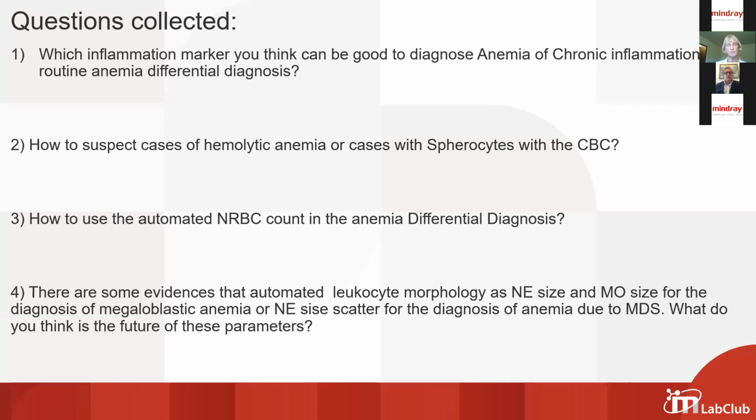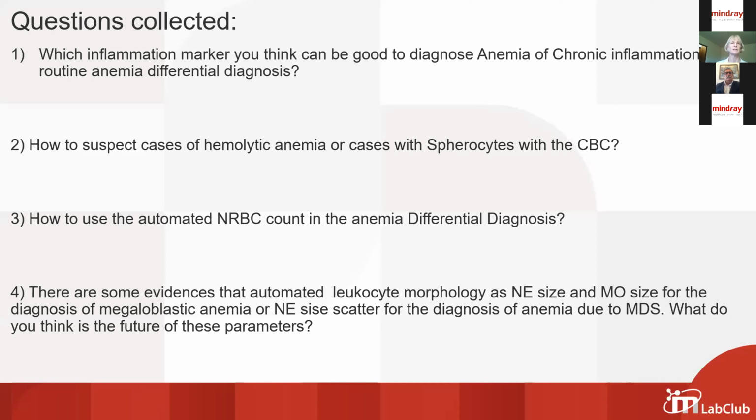But another up-and-coming measurement to distinguish iron deficiency from anemia of chronic inflammation is the reticulocyte hemoglobin content. In fact, the National Chronic Kidney Disease Foundation has started recommending that measurement as well, to help distinguish between patients with kidney disease that may benefit from iron treatment as well as growth factor treatment.